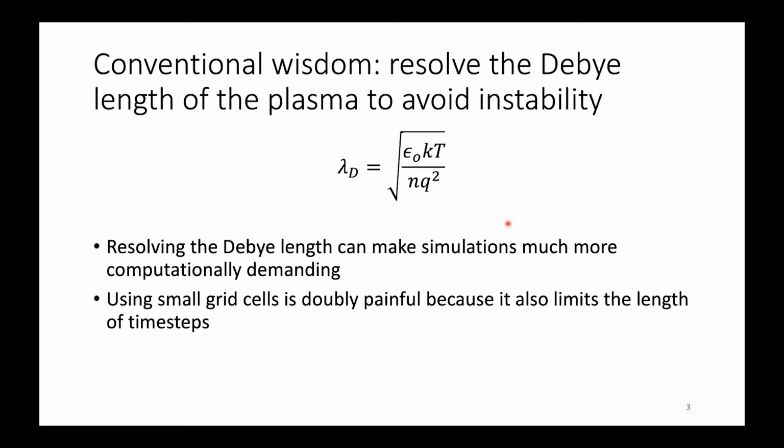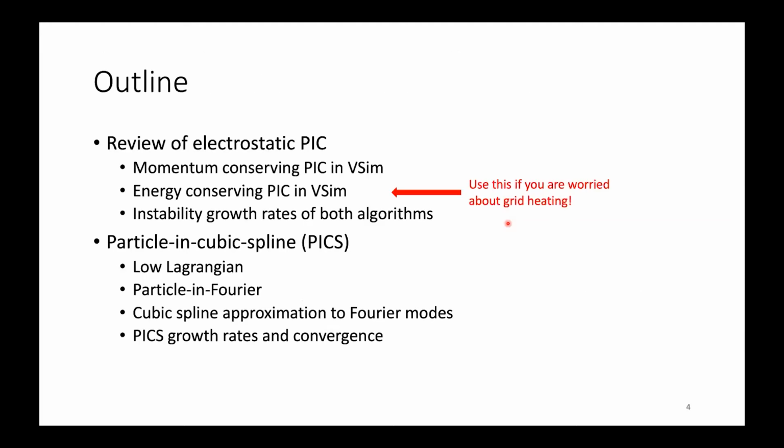So the presenter you're going to hear from next, Catherine Wolfinger, actually has run into these issues in simulating plasma channel expansion. So today I'd like to talk about some ways that we can avoid these grid instabilities. I'm going to start with a review of electrostatic PIC, and we'll talk about the momentum conserving PIC algorithm that VSim will generate by default if you ask it to give you an electrostatic PIC algorithm.